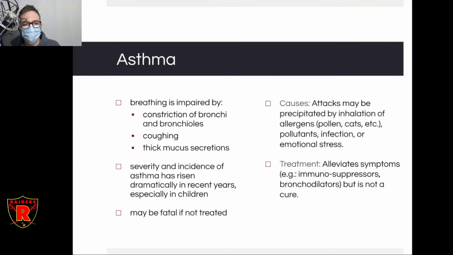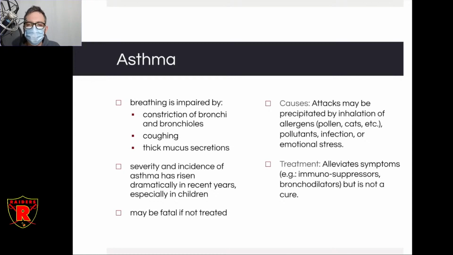So what do you do if you have asthma already? Well, there are two different types of inhalers that are typically used to treat asthma, and they both have a different reason for use. The one, the bronchodilator, and bronchodilation just means to increase or dilate the vessels of the bronchioles, make them larger.